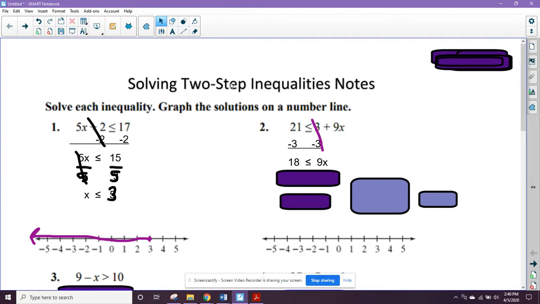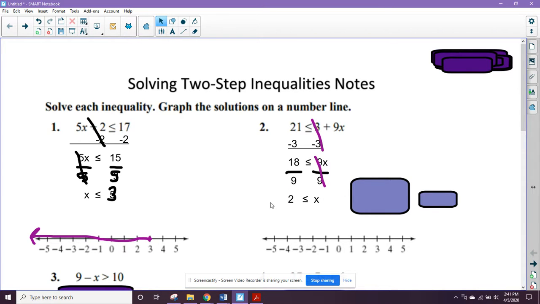Now we have 9x, so we have to divide both sides by 9. When we divide by 9, it cancels out our 9's. So then 18 divided by 9 is 2.